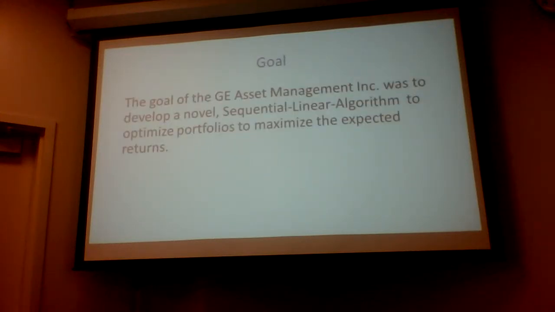Different companies use different approaches to get the highest yield possible. The goal of GE Asset Management is to develop a novel sequential linear algorithm to optimize portfolios to maximize the expected returns.